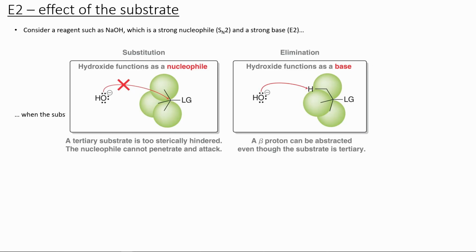It's too sterically hindered, and the nucleophile will not have good overlap to form the new bond. When it acts as a base, the proton on this primary carbon is less sterically hindered, so therefore we could have an elimination reaction occur much more readily.